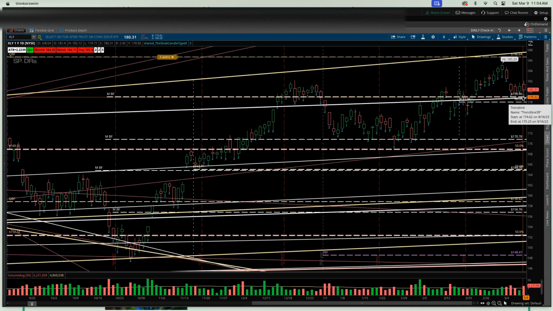If a hammer candle were to form here, even an inside candle, I would see that as a signal for a short-term reversal back up to 186.64, taking advantage of this space here.